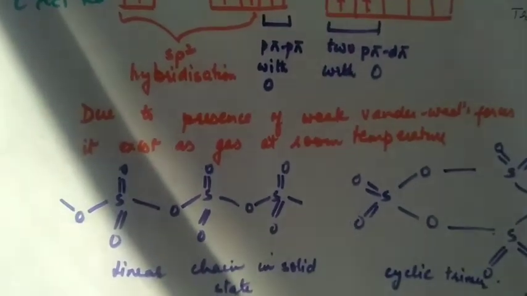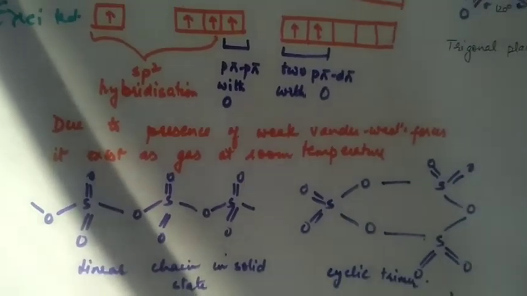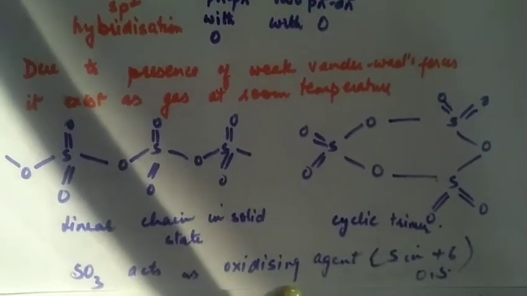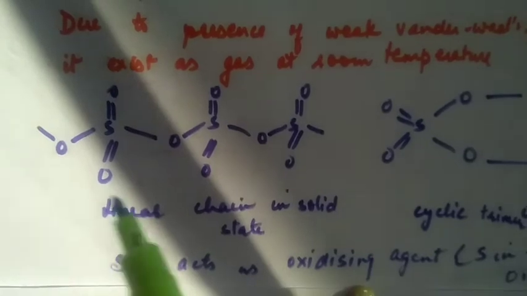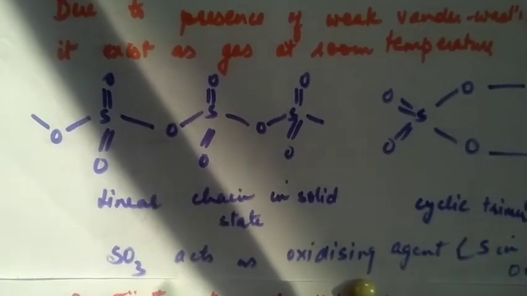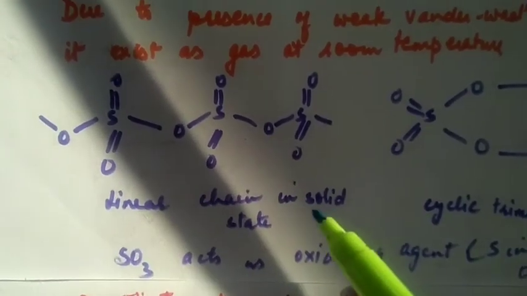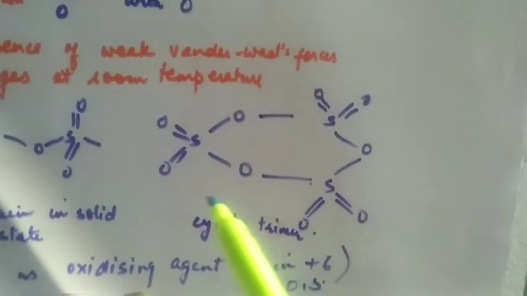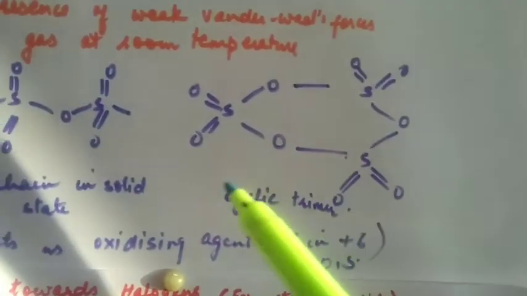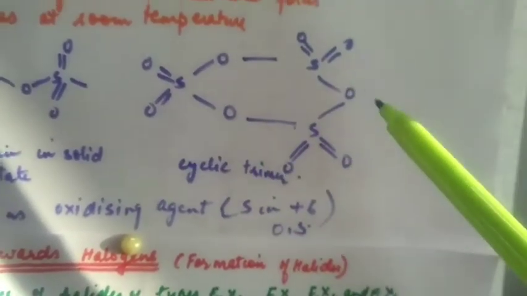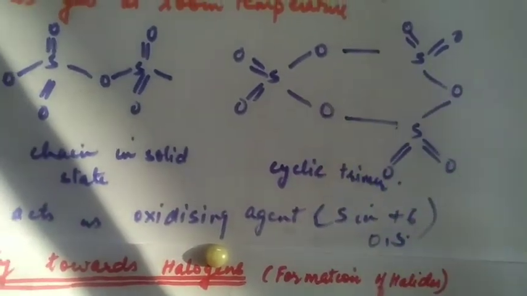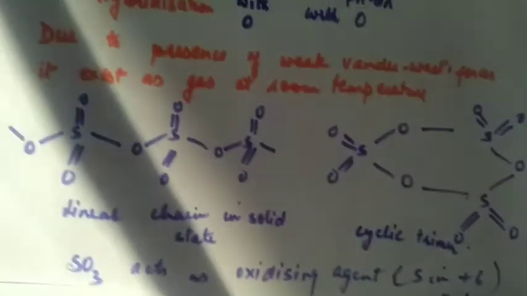But in the solid state, due to the presence of single bonds, it can form a trimer in the linear form and also in the cyclic form. In the cyclic form, each sulfur forms four bonds: two double bonds with two oxygen atoms and two single bonds with two oxygen atoms.